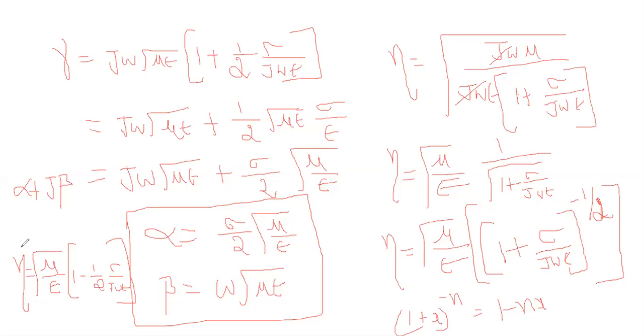This is the equation for the eta. We got eta is equal to under root of mu by epsilon into 1 minus 1 by 2 sigma by j omega epsilon.